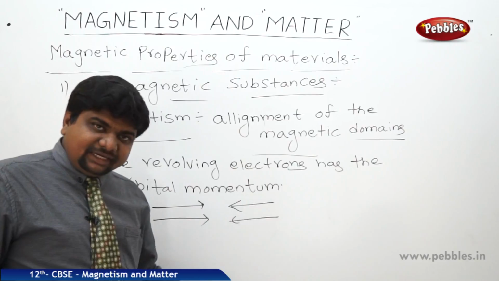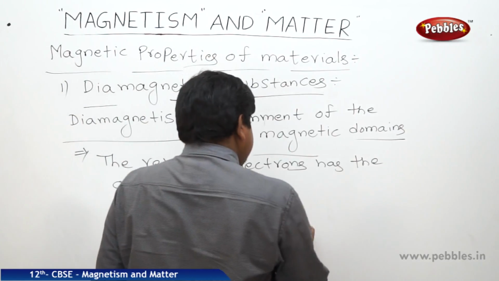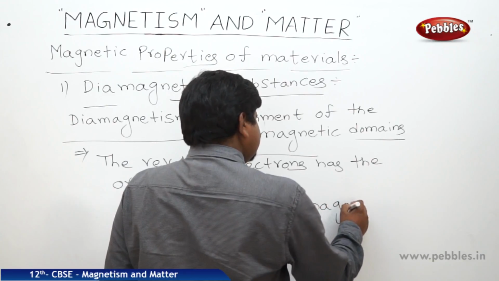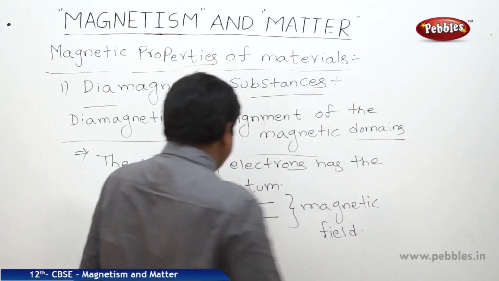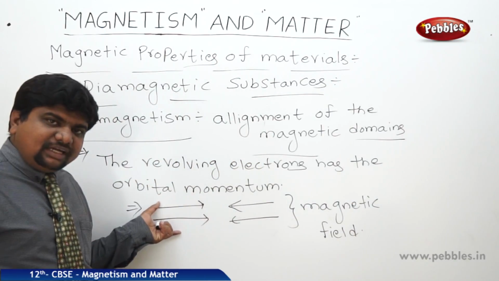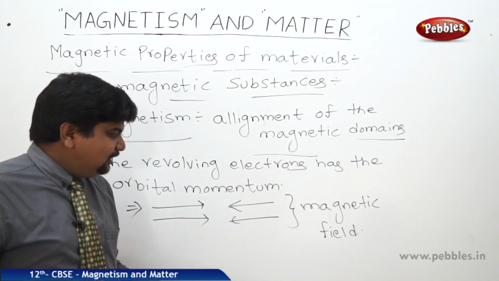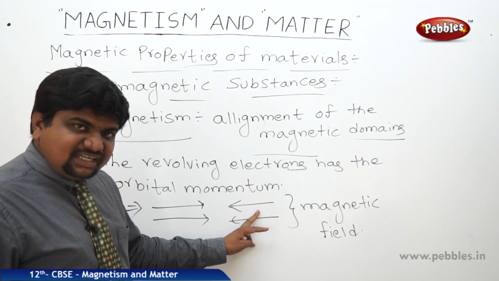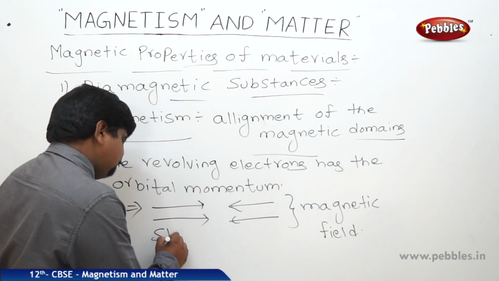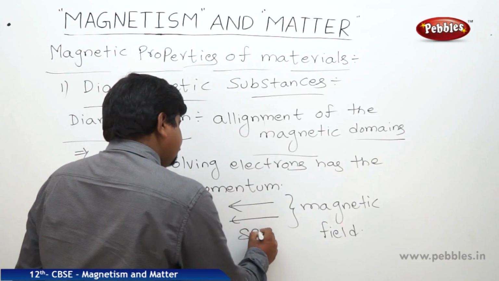When this diamagnetic substance is exposed to a magnetic field, the motion of the electrons in the same direction will be slowed down because of the applied magnetic field, and the motion of the electrons moving in the opposite direction speeds up.